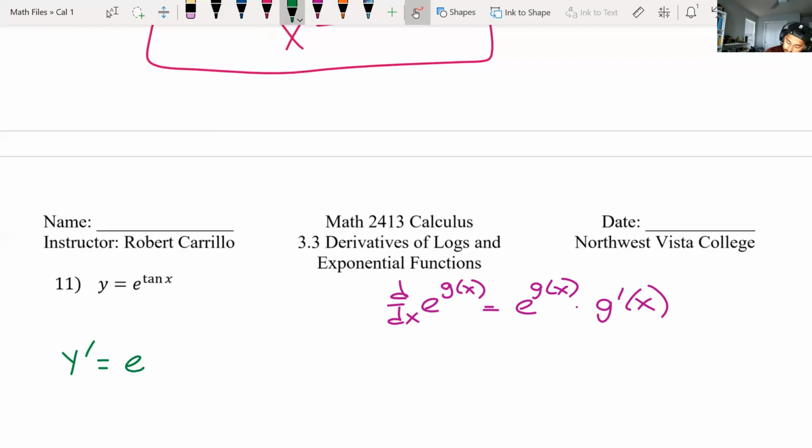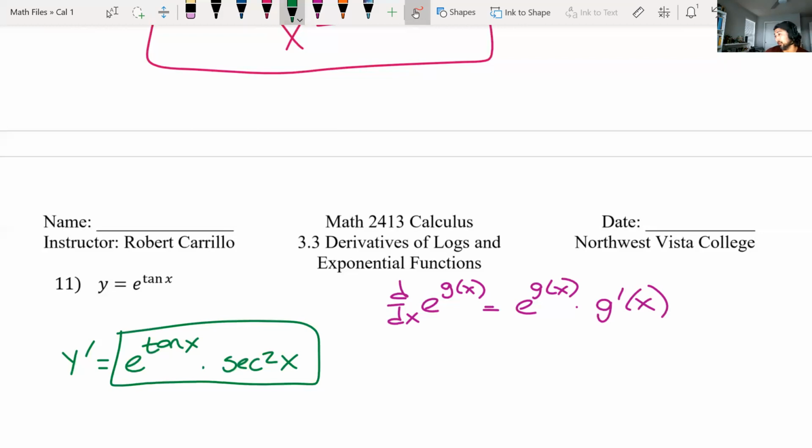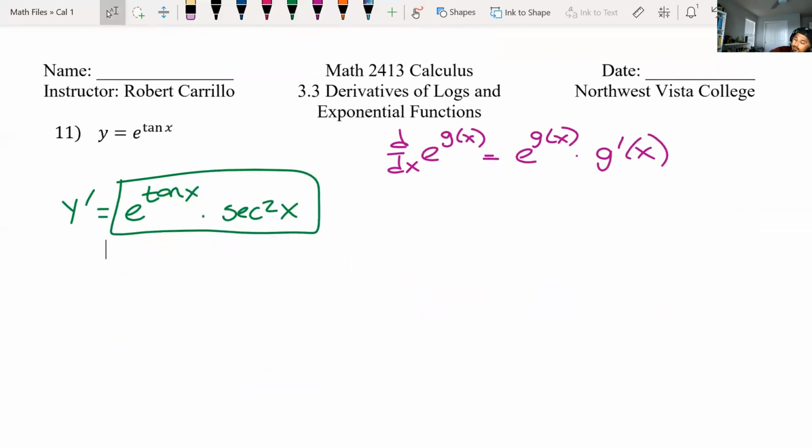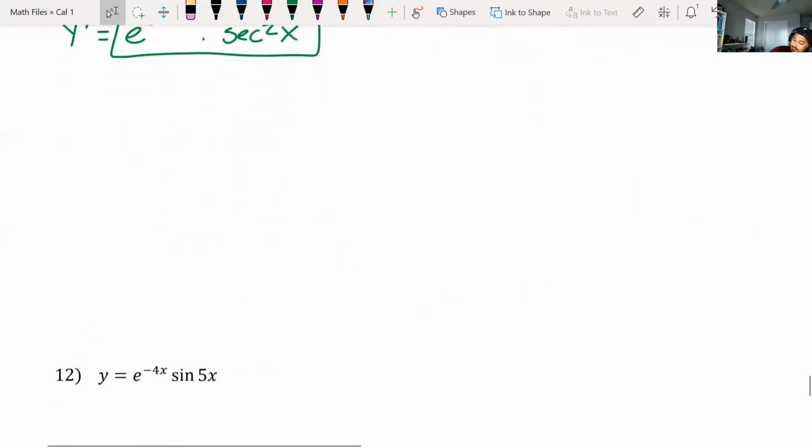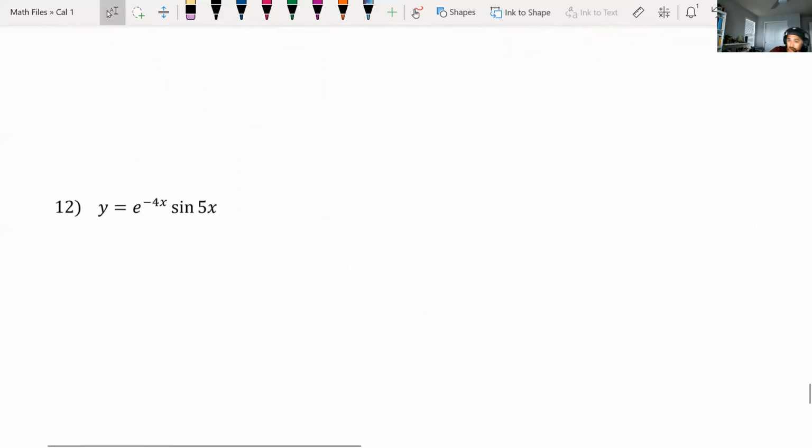E to the tangent of x times secant squared x. That's it. Nothing else you can do. Sometimes it's just that ugly, right?